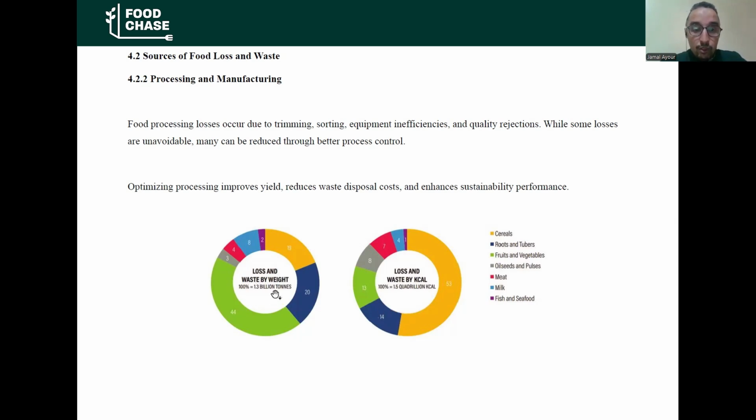Then for weight, we have the fruit and vegetables, per kilogram, per grams, for example. That is very important to indicate that this food loss and waste impacts different sectors, as you can see in these pictures.